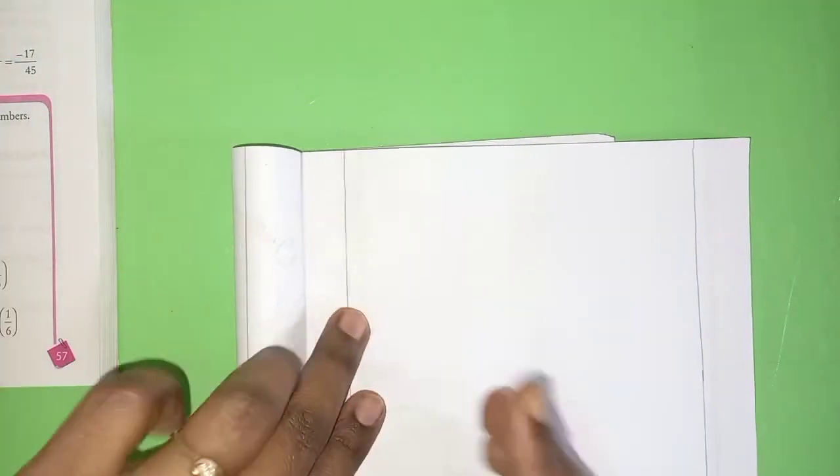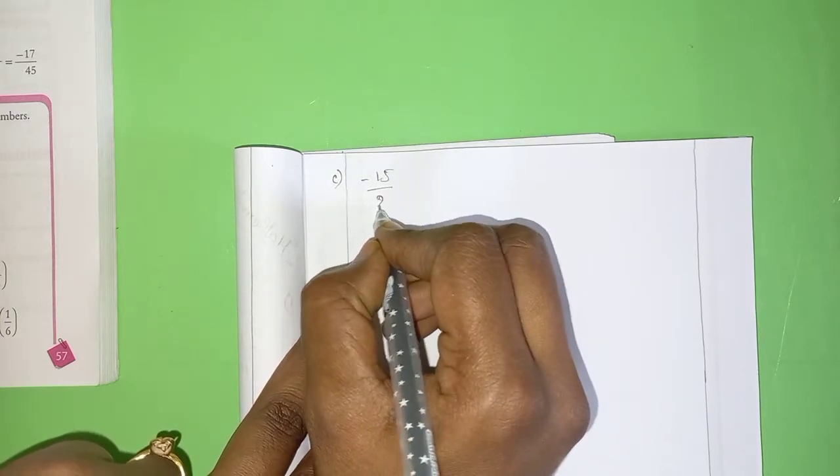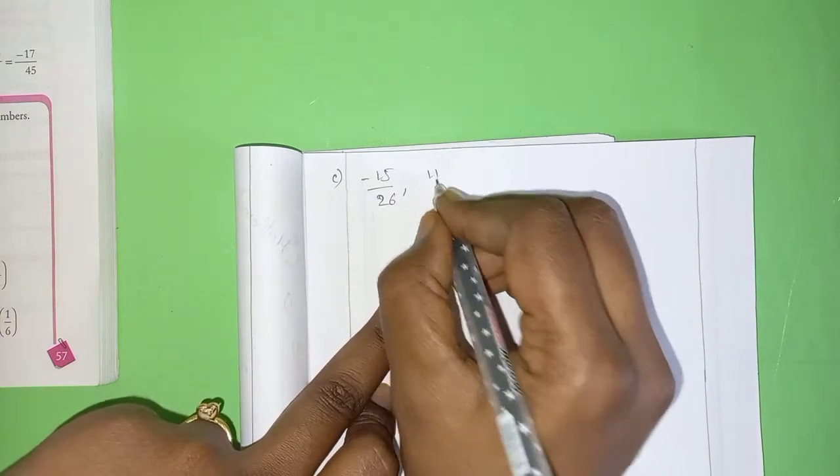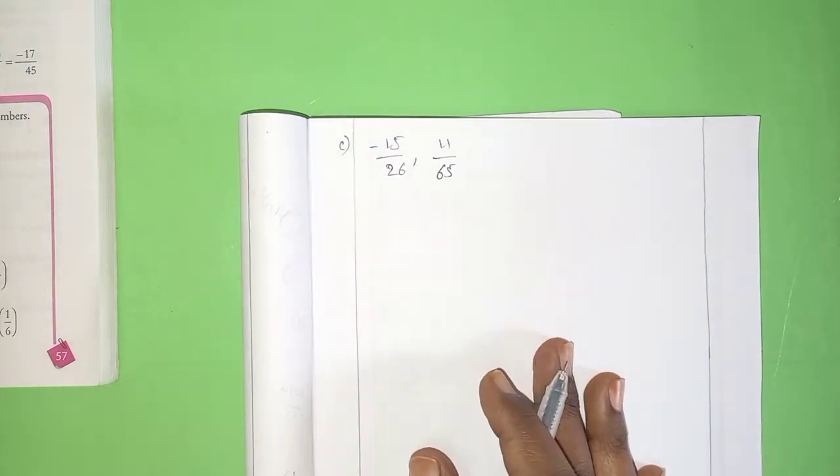Let me explain question C. Minus 15 by 26 plus 11 by 65.